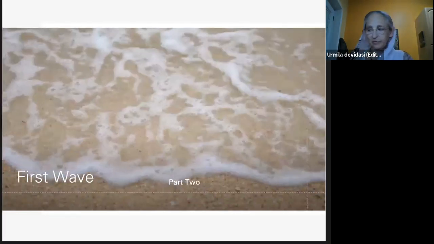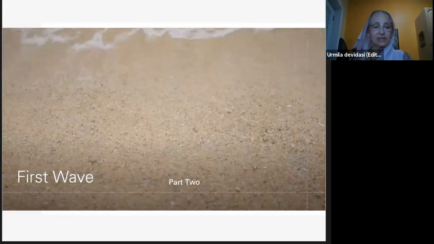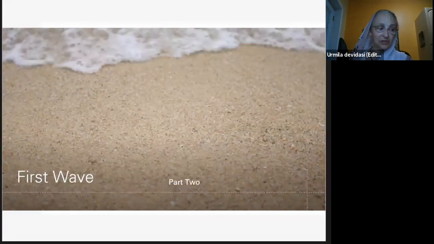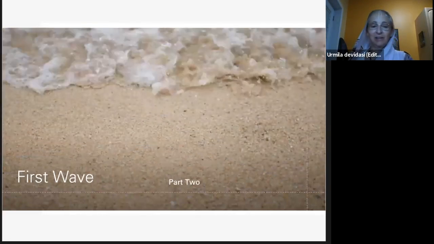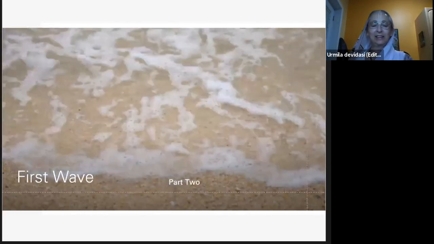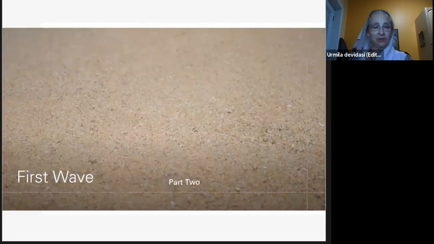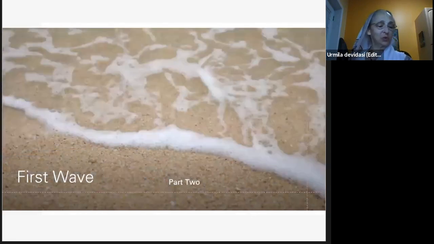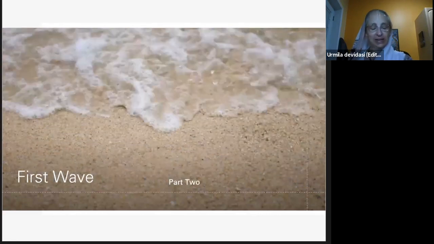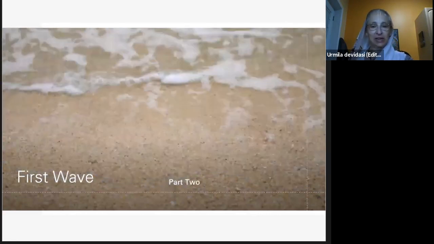of the first wave. I realize that there's a lot of Sanskrit terms, and this is a little complicated and a little technical, but if you feel yourself starting to panic about all of the words and all of the technicalities, please just take a deep breath.